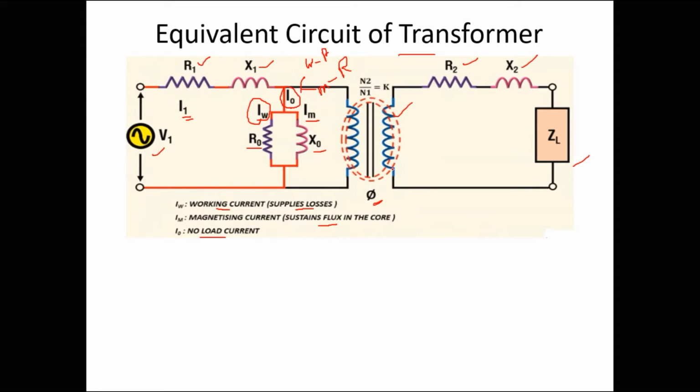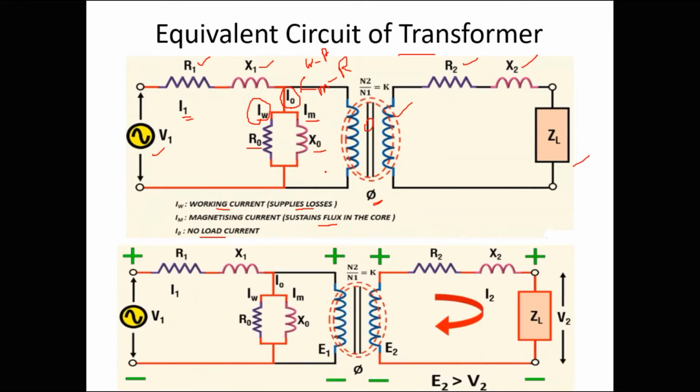And due to leakage flux in the primary, which we can call self-inductance, we have an EMF induced in the primary coil too. So we have EMF induced in the primary as E1 and in the secondary as E2. E1 is due to self-inductance and E2 is due to mutual inductance. And the main reason is the creation of flux due to Im flowing through X0.